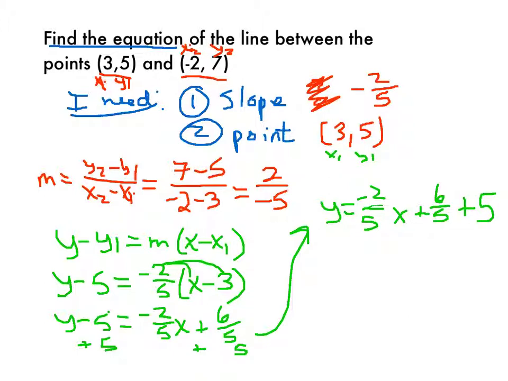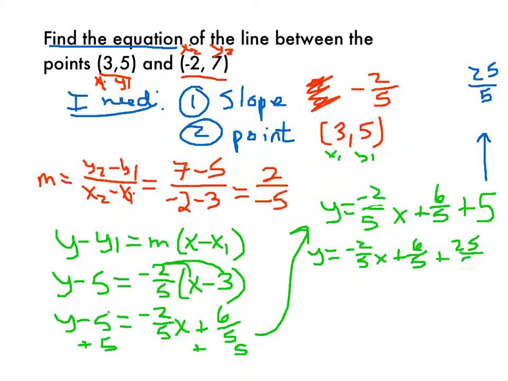Now we can't leave it like that. We can combine 6/5 and 5 by writing 5 as having a denominator of 5, which in this case is 25 over 5. So now my equation will be y equal to -2/5 x plus 6/5 plus 25/5.